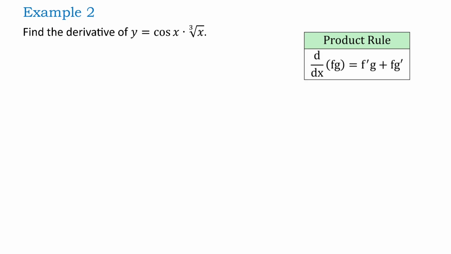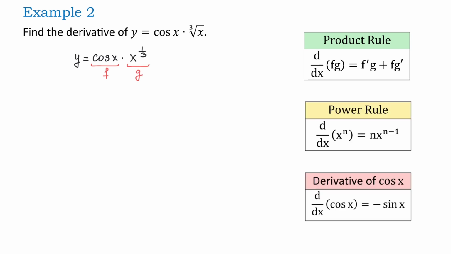So I will rewrite this function as y equals cosine of x times x to the 1/3. Then in this product, let cosine of x be the f function and x to the 1/3 the g function.